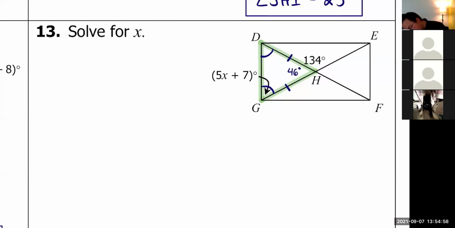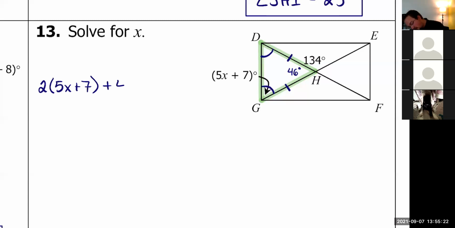Then we could say 2 times the 5x plus 7, because there are 2 of those in there, being an isosceles triangle, plus the 46-degree angle should equal a total of 180 degrees, because we're focused on just that little triangle inside that rectangle.